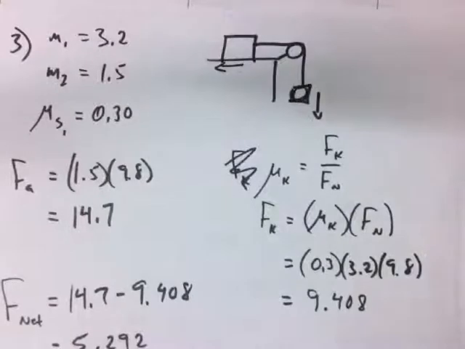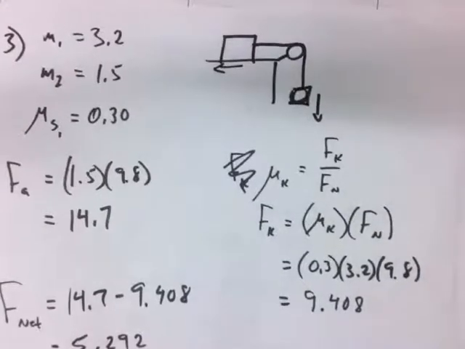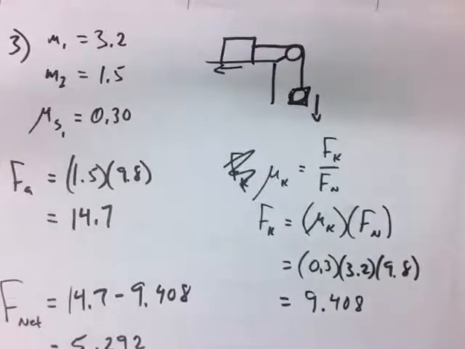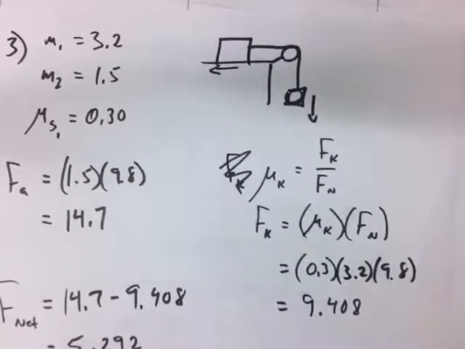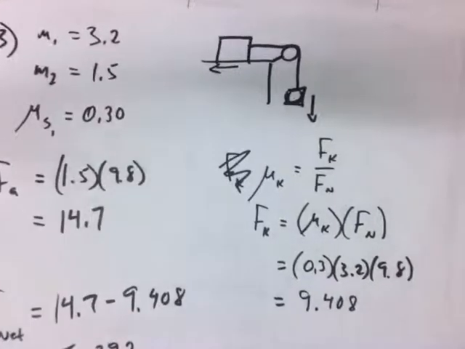Let me get a different color. Oh, I got a red one. So the force of that. Where are we? Oh, so here's our. No, that's wrong. I'll just kind of start over.